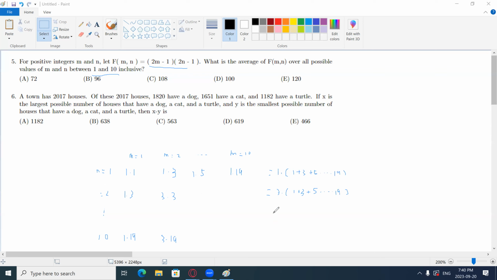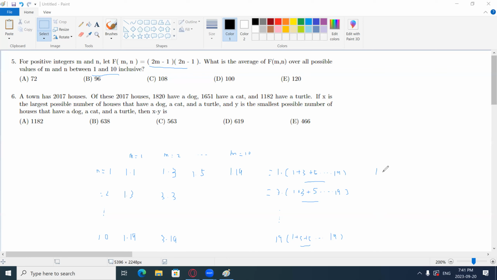Until 19. And if we look at the pattern, this would be 1, 3, and then 5 until 19, times (1 plus 3 plus 5 until 19). Now we can factor out the common factor, 1 plus 3 plus 5 until 19, and multiply it by this to get the sum of all of these numbers.